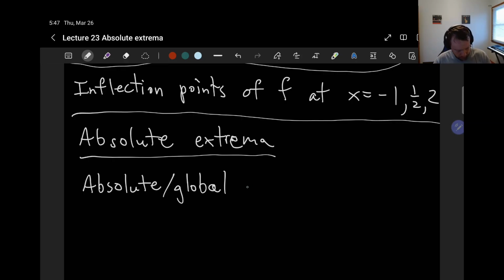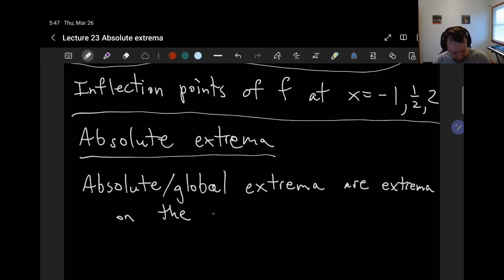So absolute or global extrema are extrema on the entire domain. When we were talking about relative extrema, like local maximums, local minimums, well, I use that word local, it's talking about its little neighborhood. But an absolute maximum or a global maximum is, well, global. It's over the whole domain. It's a high point.